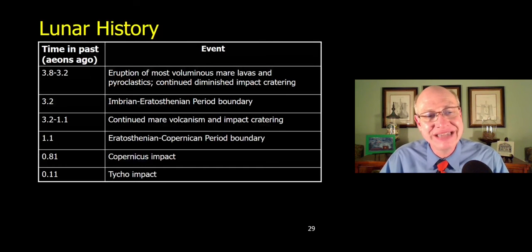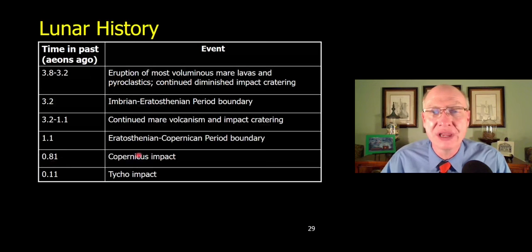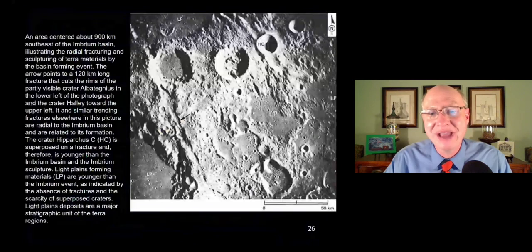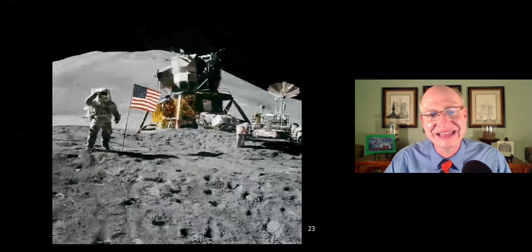About 810 million years ago, Copernicus strikes the surface of the moon, and 110 million years ago, Tycho impacts the surface of the moon. Let me go back to this picture of the moon for a second, because I think that is absolutely fascinating. Look at this. Copernicus is one of the youngest, freshest craters on the moon, and it is 810 million years old.